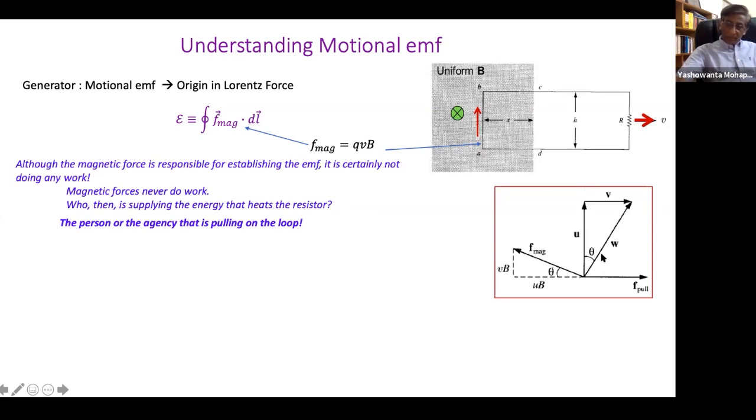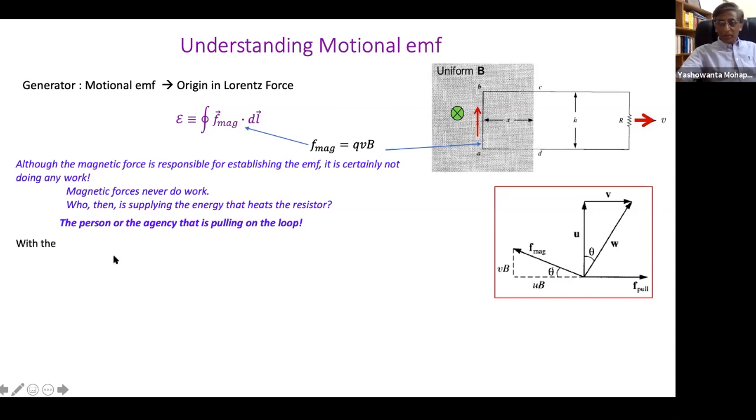It is of course perpendicular to w, and that is why it doesn't do any work. But the angle between u and w is theta, and that is also the angle between the magnetic force and the pulling force. And how much is this? This is of course uB.